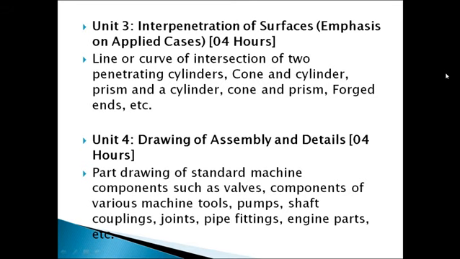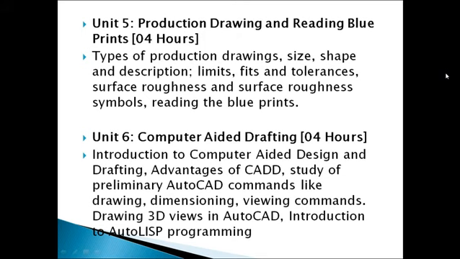So this is your unit number 4, and unit number 5 is production drawing and blueprint. Here: types of production drawing, size, shape and description, limits, fits and tolerances, surface roughness, symbols, and reading blueprints. Production drawing is what we give to a worker for manufacturing, so what things must we include in it?